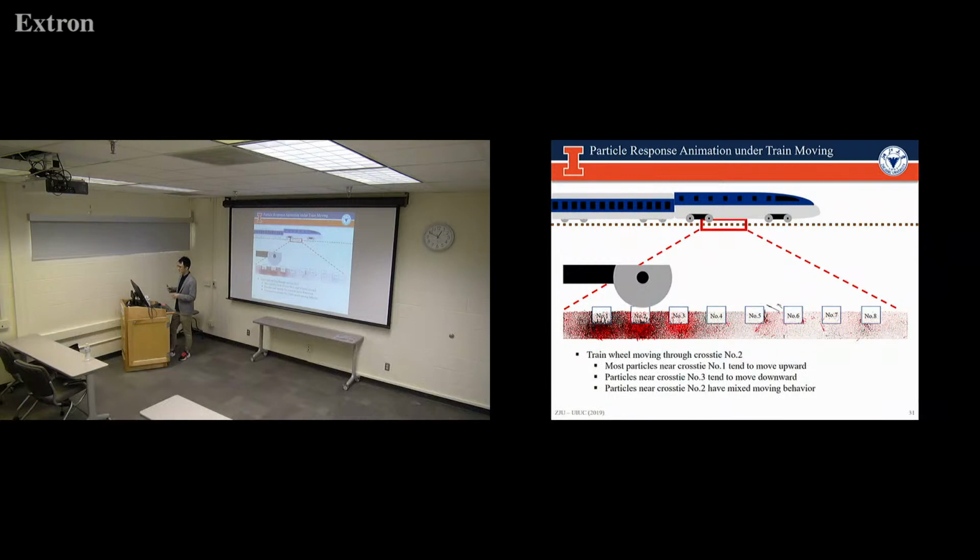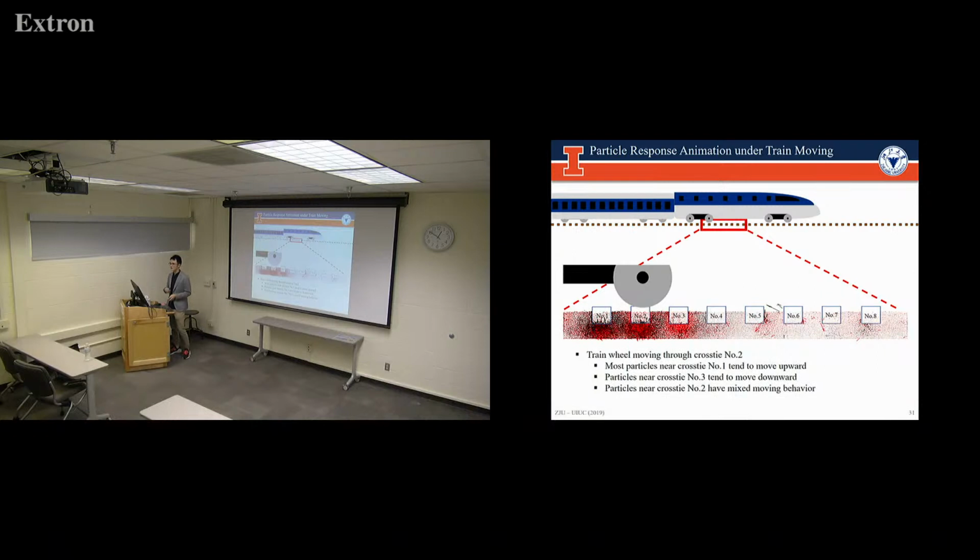So again, here is a particle response animation that we made for a moving train. At this time step, we can see the train wheel is moving through cross tie number 2 here, and the black arrows mean the particles have velocity moving upward, and the red arrows are the particles moving downward.